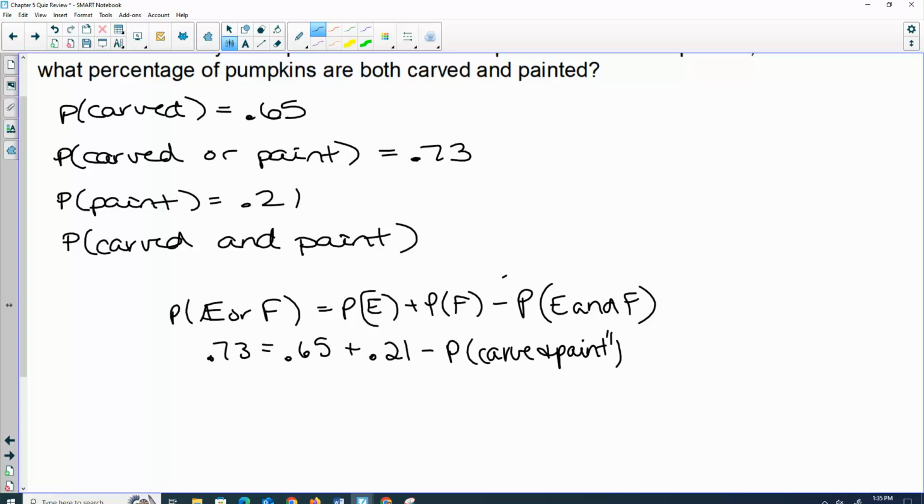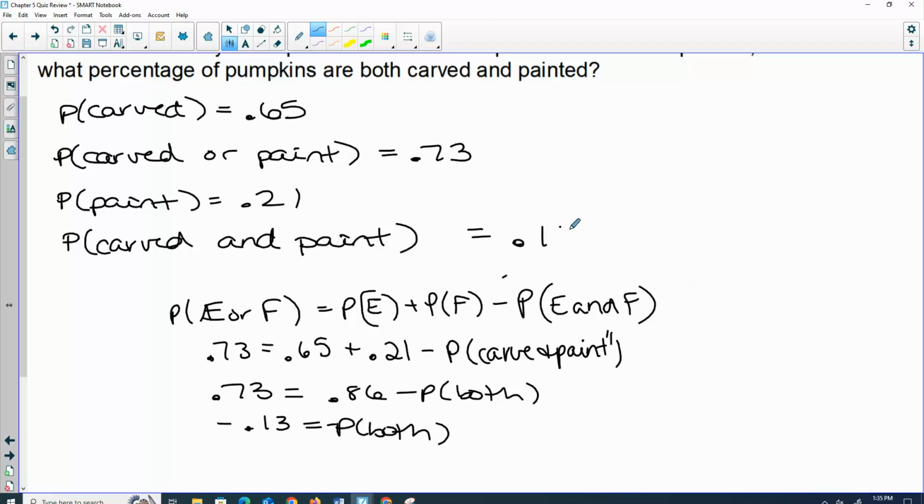Add, subtract, divide. So we would have 0.73 equals 0.86 minus probability of both. Subtract over my 0.86. So the probability that it is both carved and painted, 0.13. Is that okay?